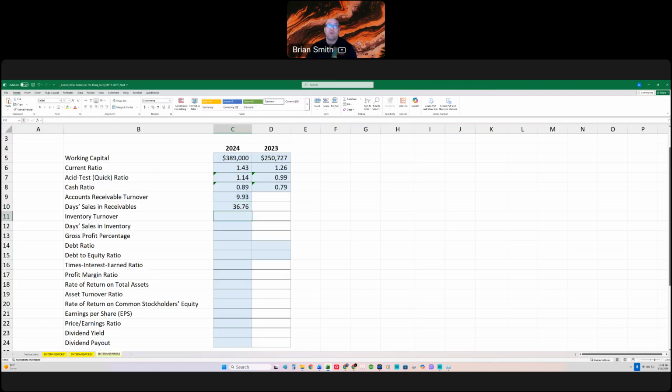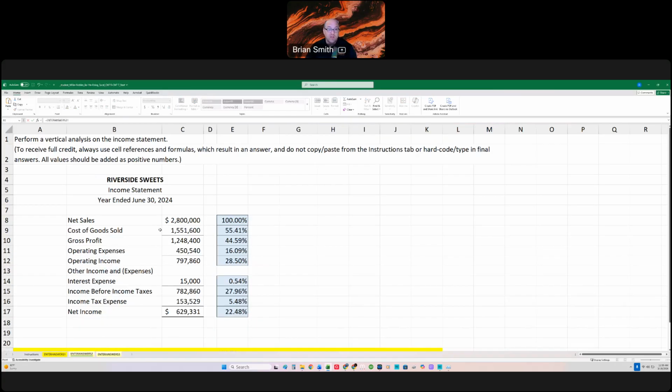Then in C11, we're going to do the inventory turnover, which is cost of goods sold divided by average merchandise inventory. So we're going to hit equals, come over here to enter answers 2, cost of goods sold divided by open parentheses twice, because I know it's not going to like it.